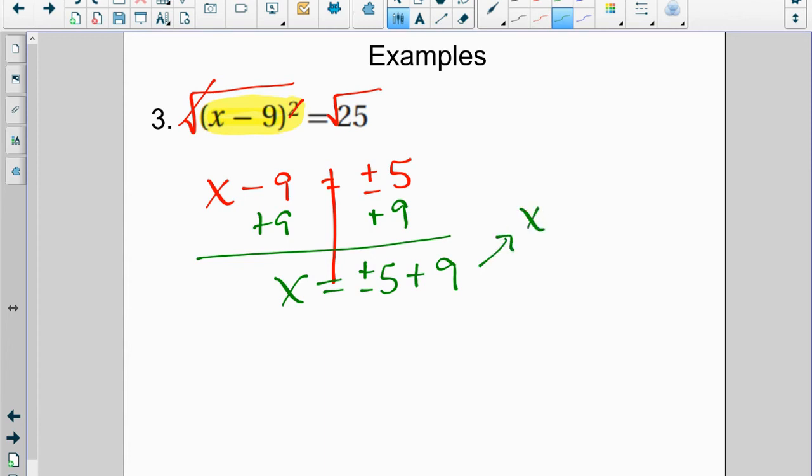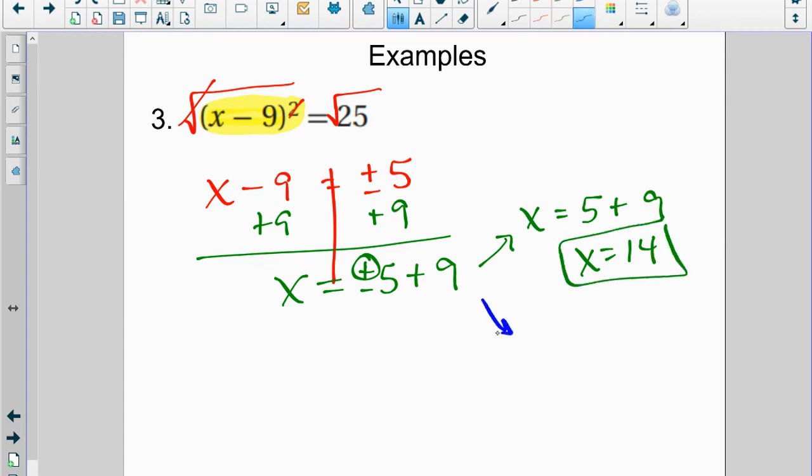Well, if we use the positive 5, x equals positive 5 plus 9, which is 14. That's one solution. If we use the negative instead, x would equal negative 5 plus 9, in which case it's 4.